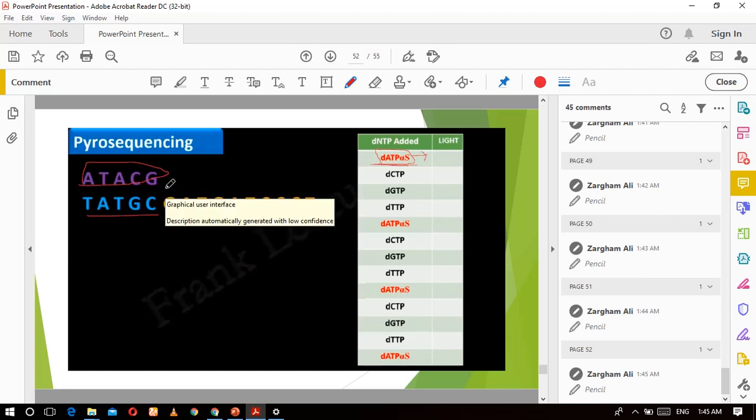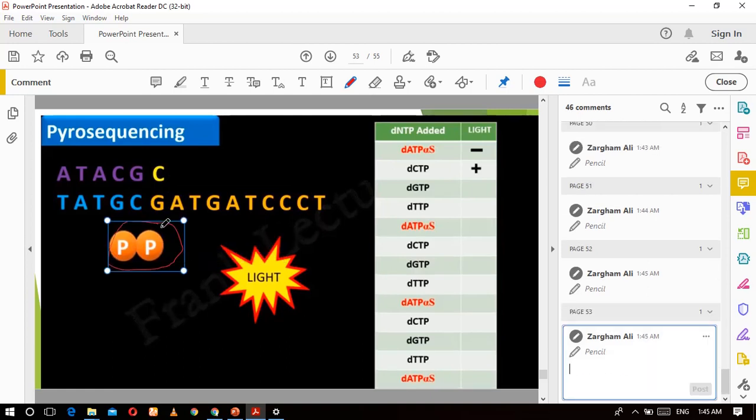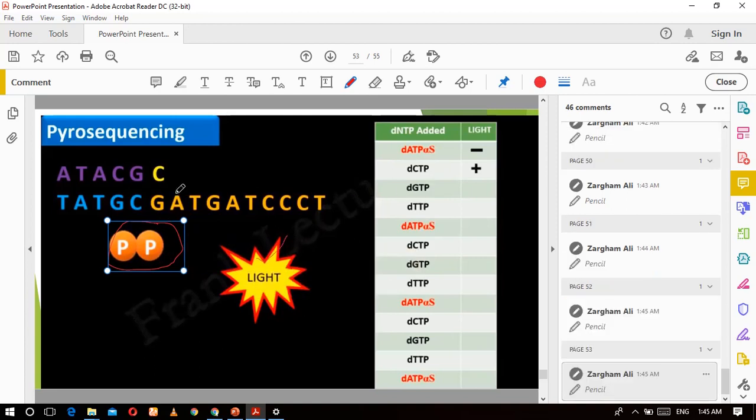The light is produced only when the complementary sequence binds, like this. As you can see, G pairs with C, and it releases pyrophosphate, and the light is released there.